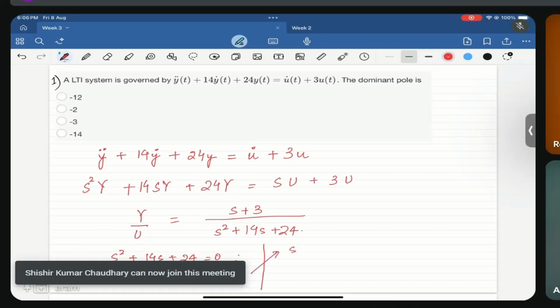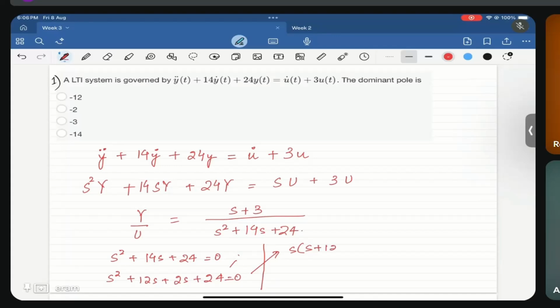So we can write (s plus 12) and 2 times (s plus 12), which is (s plus 12)(s plus 2) equals 0. So s will be minus 12 and minus 2. So these are the poles.